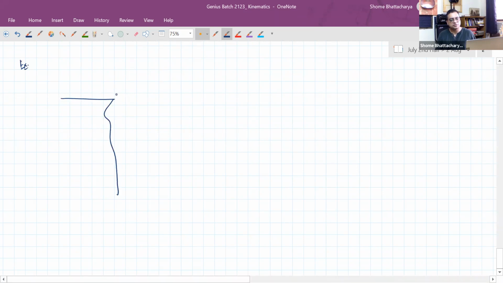suppose we project something. Now this time the projection speed is given to us. U is, let's say, 10 meters per second. And then what happens is this height is, let's say, 160 meters.